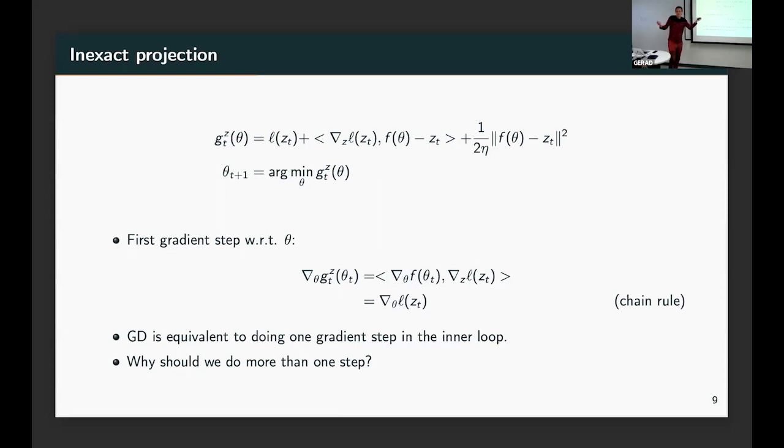But I can naturally extend the results in the tabular setting to any function approximation setting. The only difference is in the tabular setting, I can solve this exactly because it's quadratic in Z, it's also quadratic in theta. In a function approximation case, I cannot solve this exactly. So the only thing that matters is not whether or not I'm in a tabular setting, it's how well I can minimize this function.